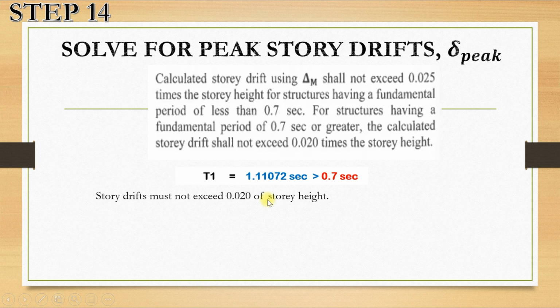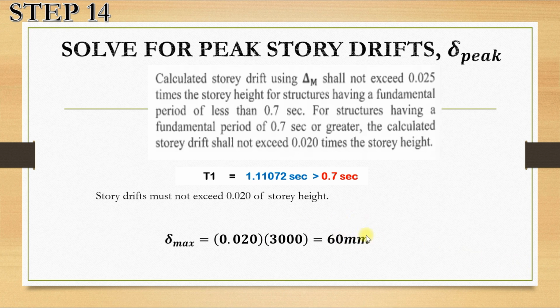Kung iconvert natin yung 3 meter to millimeter, so mayroon siyang 3,000 mm. So kung imultiply natin yung 0.020, kasi dapat daw story drifts must not exceed 0.020 of story height, imultiply natin dito yung 3,000 sa 0.020, so magkakaroon tayo ng 60 mm.